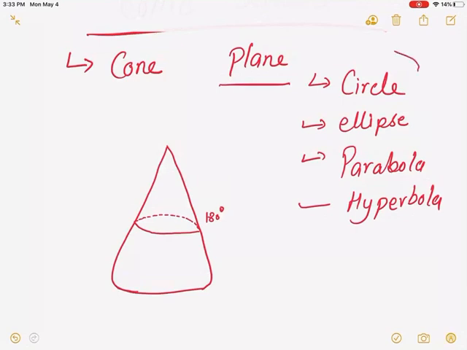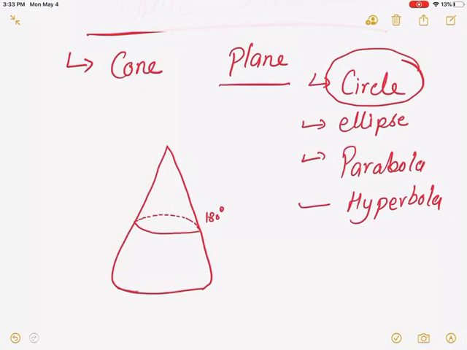So that's where you'll see your first conic section. Your plane has to be exactly straight at 180 degrees, and if you chop that cone, you'll see a circle there. Next one is ellipse. Let's say you bring your plane or your knife now at a slight angle. It's not straight like the last one.